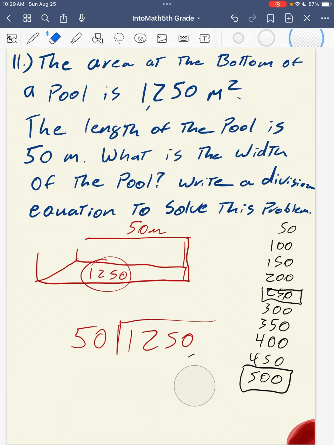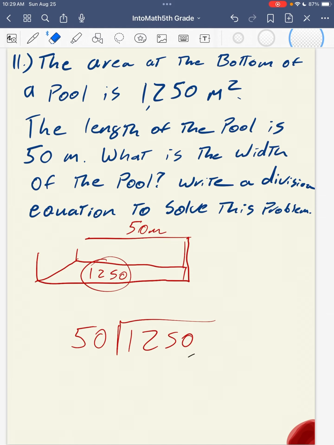To help us out, proof of concept, we are going to divide 1,250 divided by 50 to show that the division equals what our model shows. All right, because I have placeholder zeros, I'm really just measuring how many times can 5 go into 125.